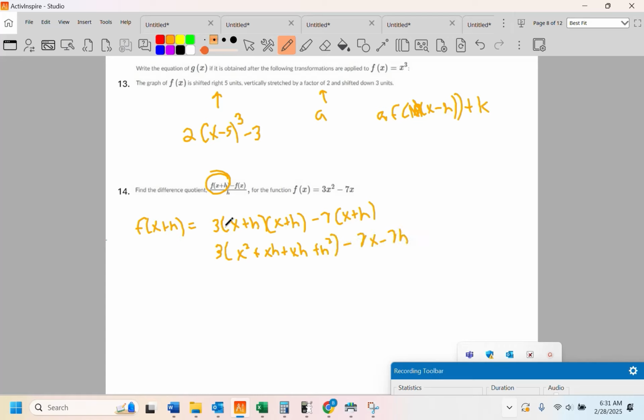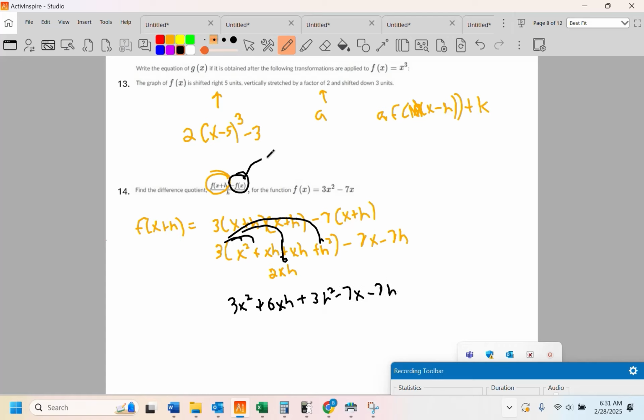So I did the distributive property here, and xh plus xh is going to be a 2xh. And then I'm going to do the distributive property here again to that guy. I'll have 3x squared plus 6xh plus 3h squared minus 7x minus 7h.